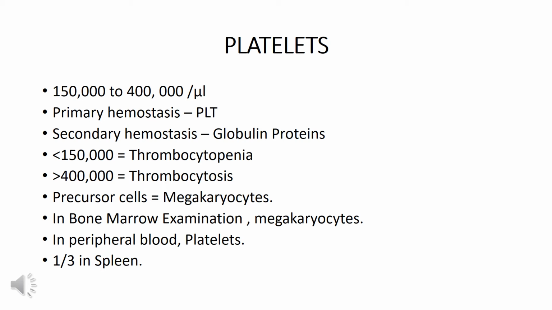Sometimes a patient with a platelet count of more than 400,000 doesn't have any clinical signs and symptoms. There are chances कि बस कोई physical या temporary condition भी हो सकती है या disease भी हो सकती है.